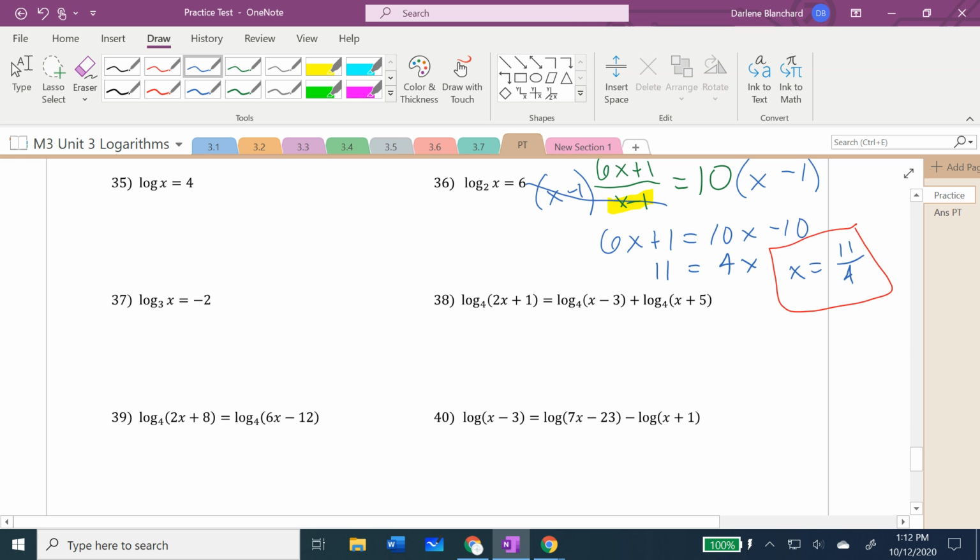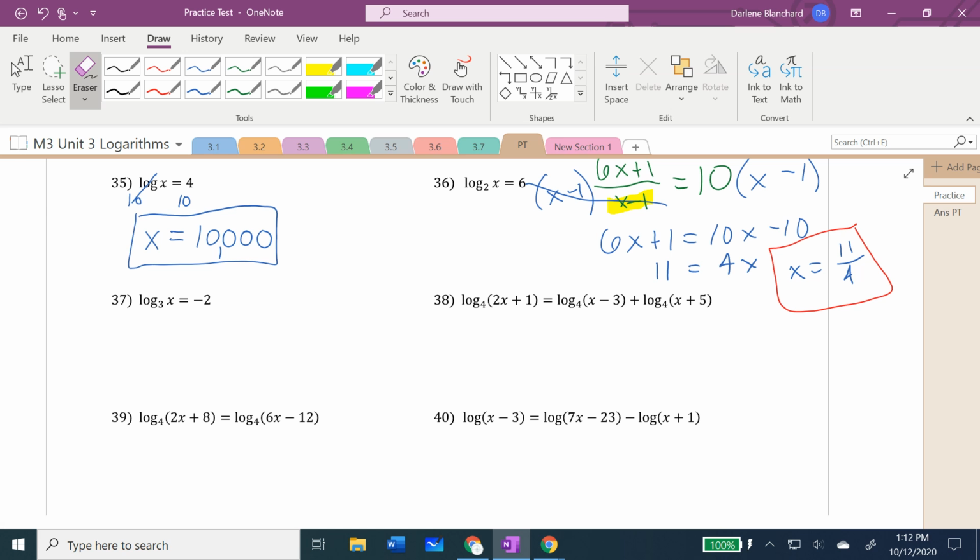This one, completely condensed, ready to go, 10 to the power both sides. And that gives you 10 to the 4th power, means 4 zeros after the 1. And that does make a positive number go in the logarithm. I'm going to erase the bottom of a previous problem.